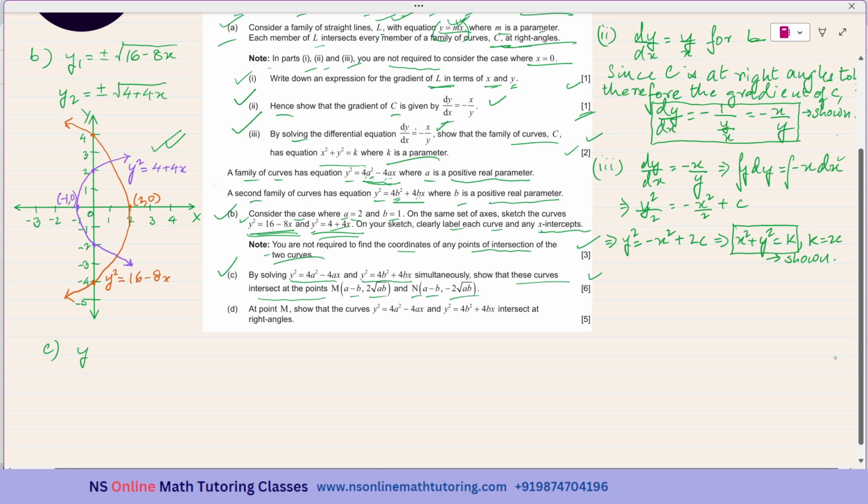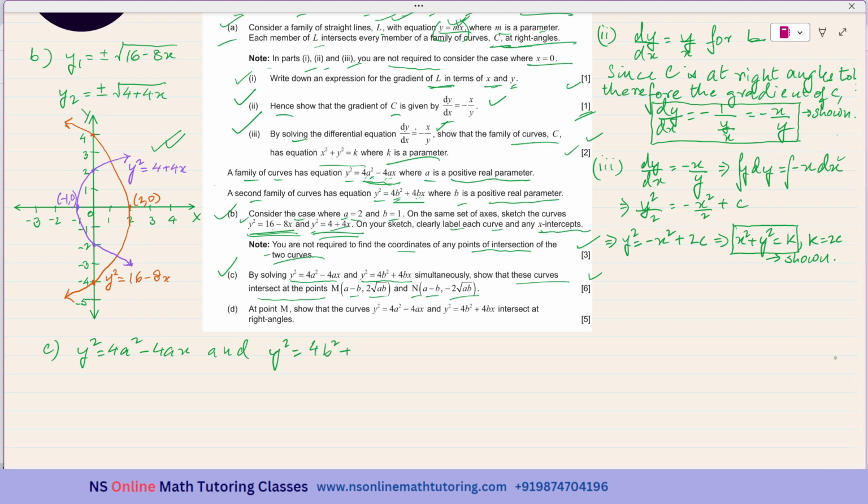Let me write the two equations first. y square equal to 4a square minus 4ax and y square equal to 4b square plus 4bx.